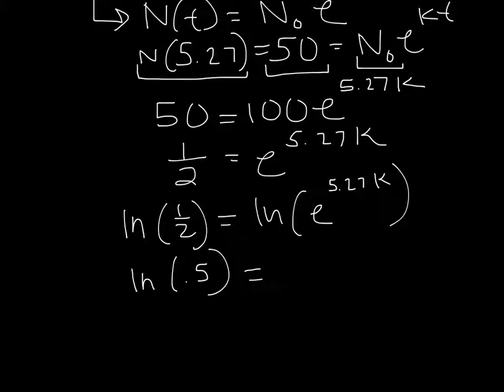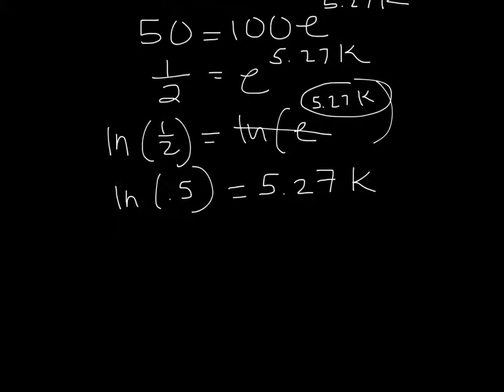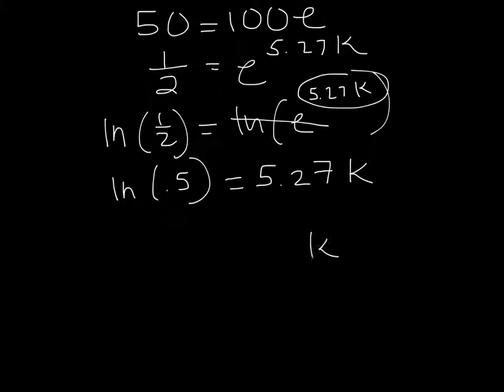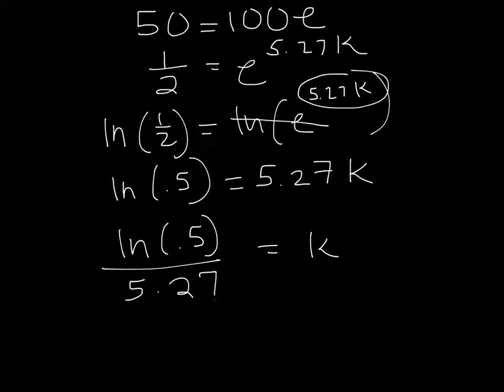And ln and e, that's just going to give us 1. This is a logarithm, so I can bring down that power, which is 5.27k. Now we can solve for k, which is ln of a half over 5.27.